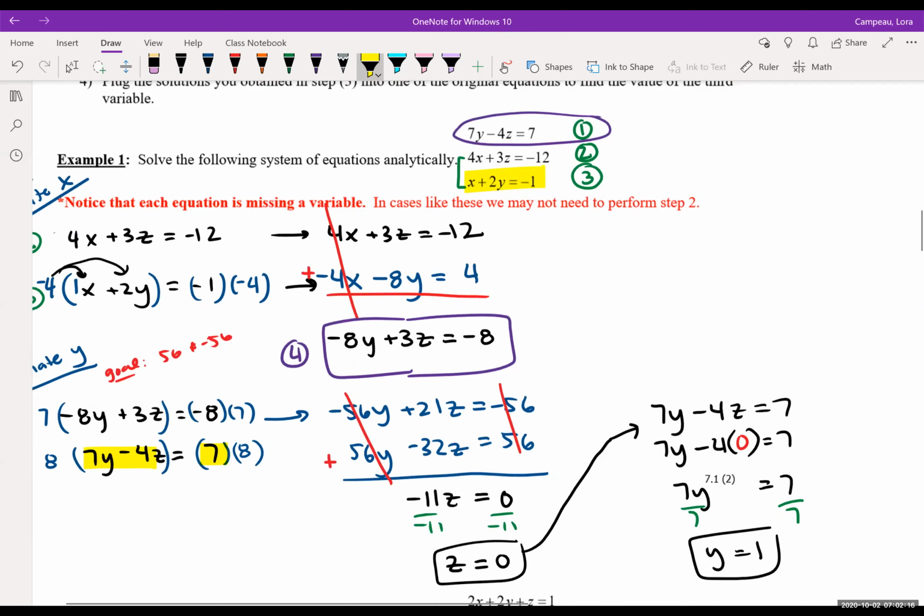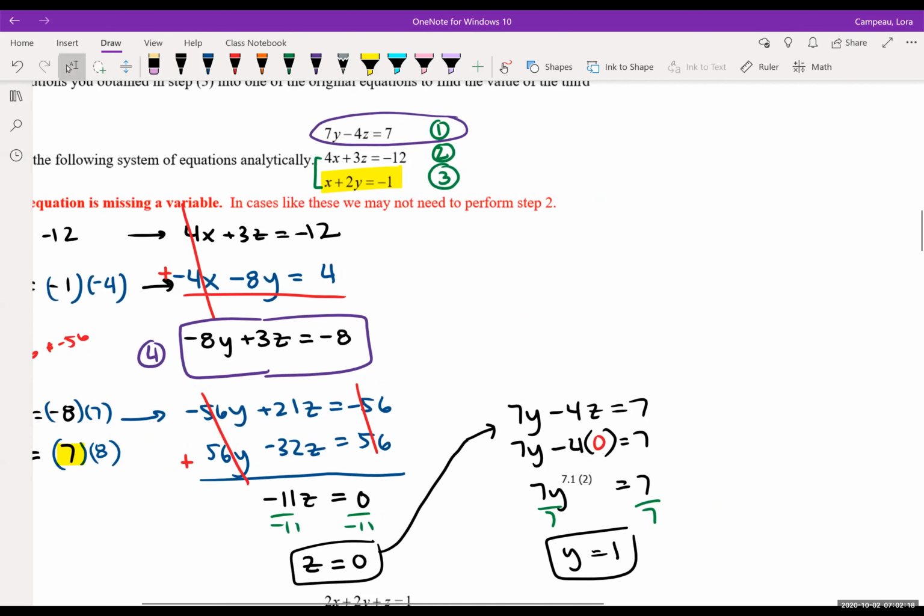If I want to plug those in, I'm going to move sideways just to show you. I'm looking at z and y. We're going to plug this into x plus 2y equals negative 1. And if we do that, what do we get? x is x. y is already positive 1.